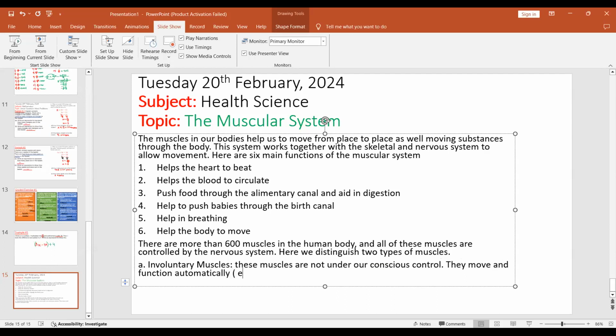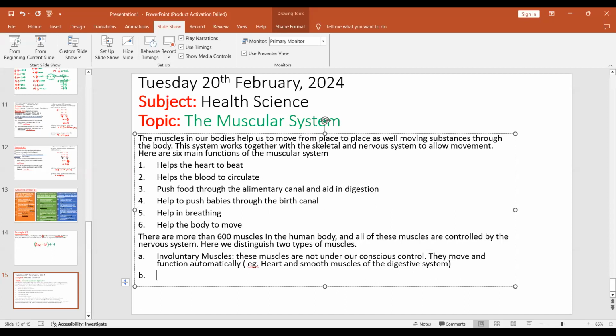Examples would be the heart and smooth muscles in the digestive system. All right, so that's involuntary muscles.